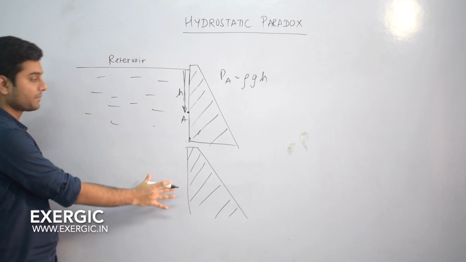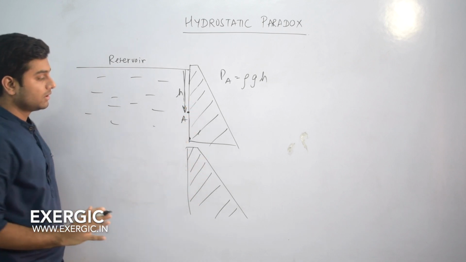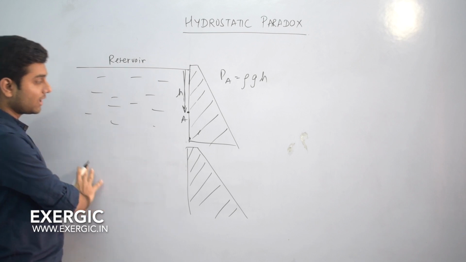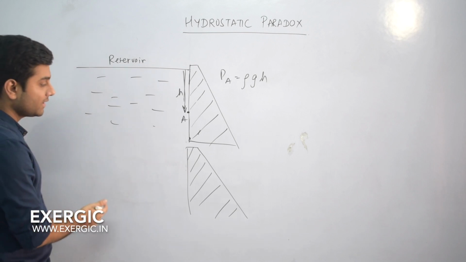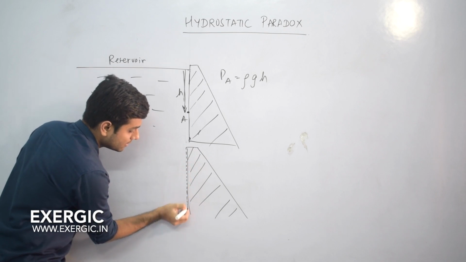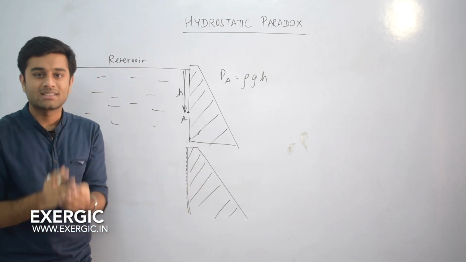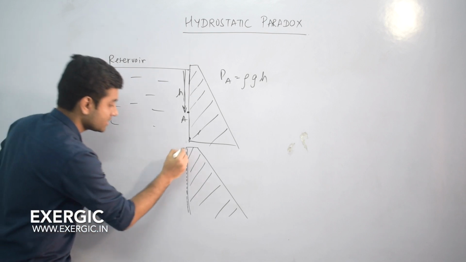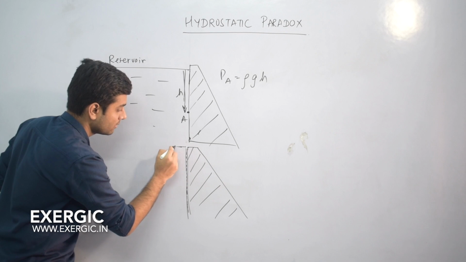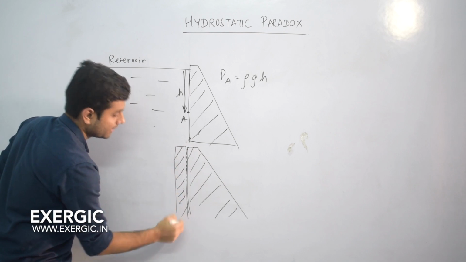Consider one more structure exactly similar to this one, the structure of a dam, but there is not so large a quantity of water stored. We have just a very thin reservoir, just a few liters of water stored here.